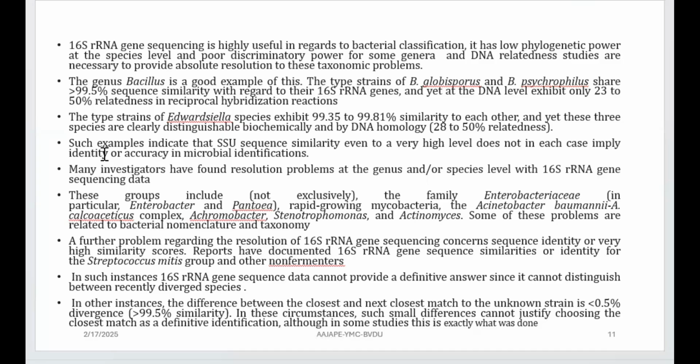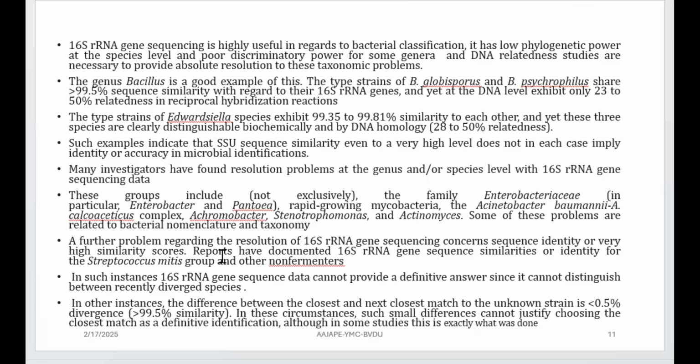Many investigators have found resolution problems at the genus and the species level when 16S rRNA data is used. For example, the family Enterobacteriaceae, Enterobacter and Pantoea, and the rapidly growing mycobacteria, then Acinetobacter. All these are showing some problem or other when it comes to nomenclature and taxonomy using 16S rRNA.